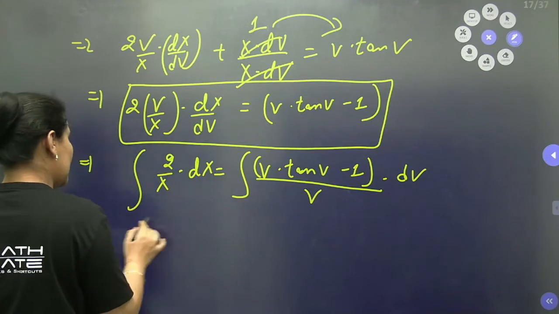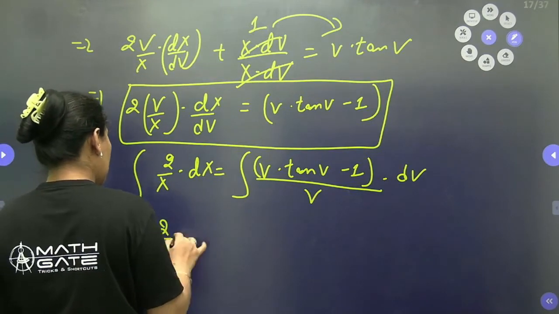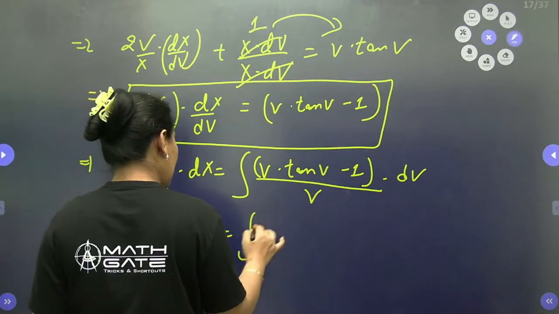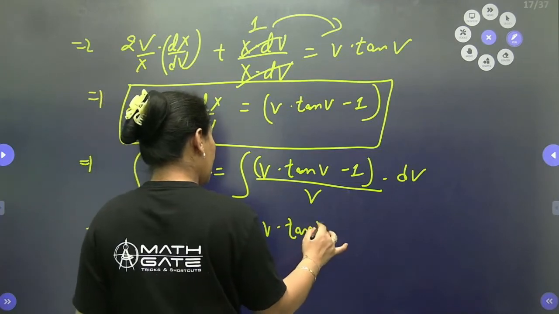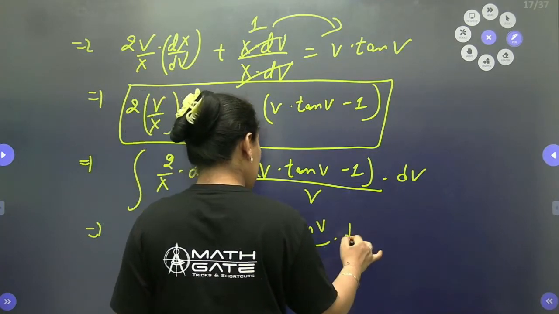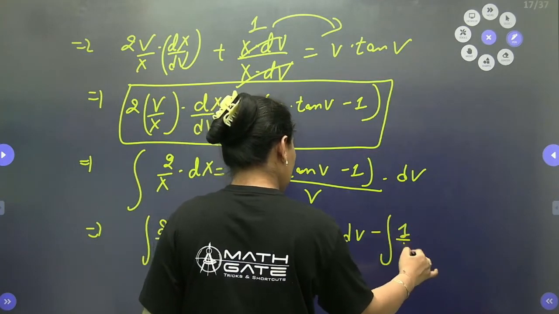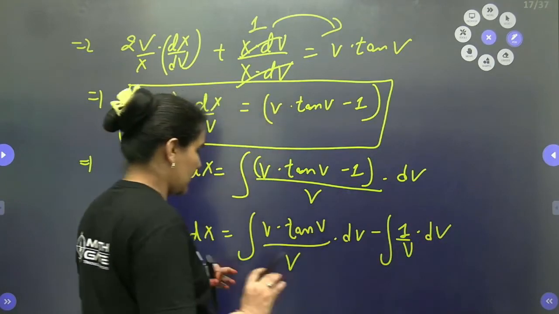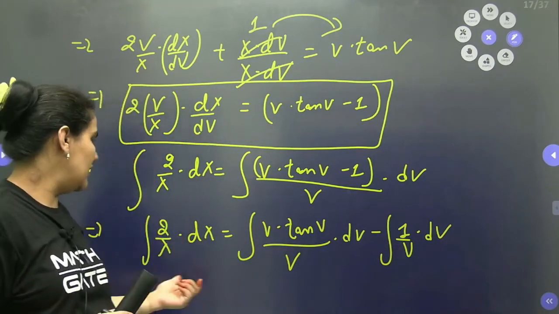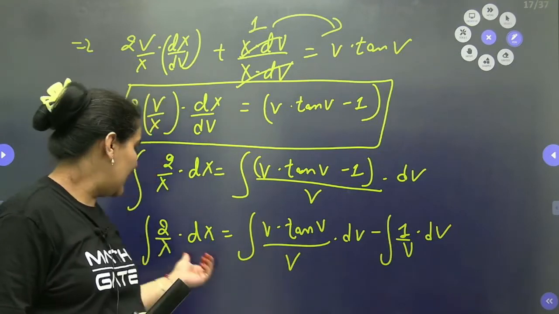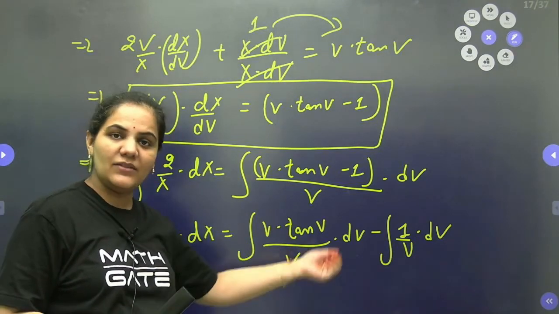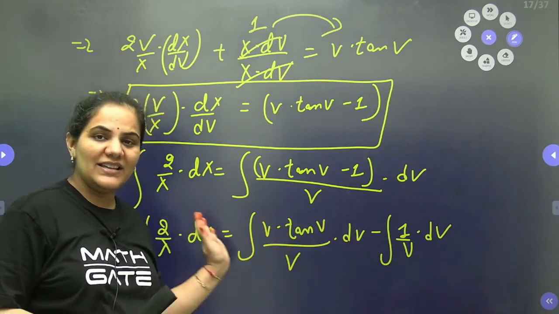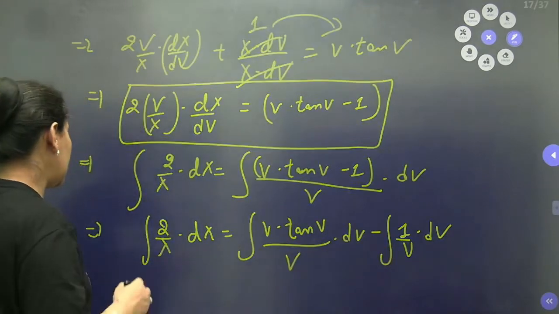Before integrating we will set it in a simpler manner: 2 by x dx equals v tan v divided by v dv, minus 1 by v dv. Now it's easy to approach. We have everything clear in our mind, so we can integrate each of these terms. We can easily approach it now, dear students, right?